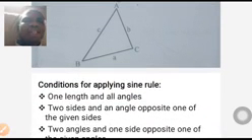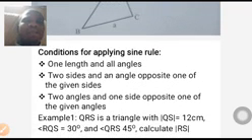Now, anytime you are given a problem to solve under this bearing and you are to apply sine rule, what are the conditions you need to consider? Number one, one length and all angles. That is, when you are given one length and all the angles, then you can apply sine rule.